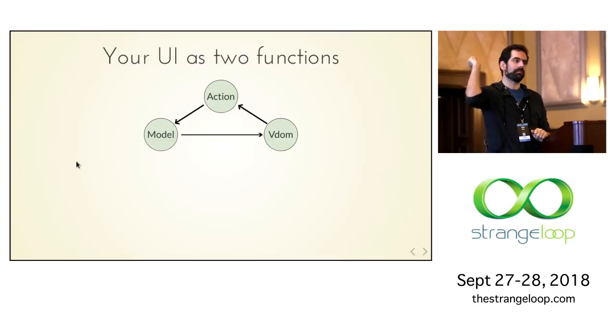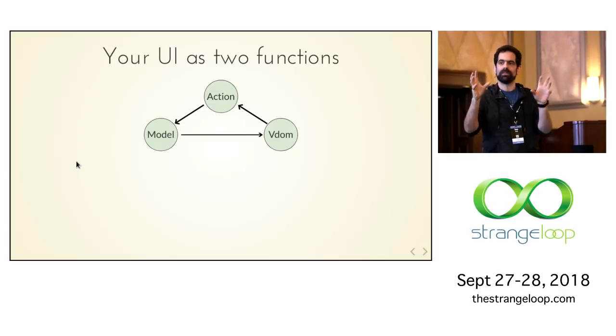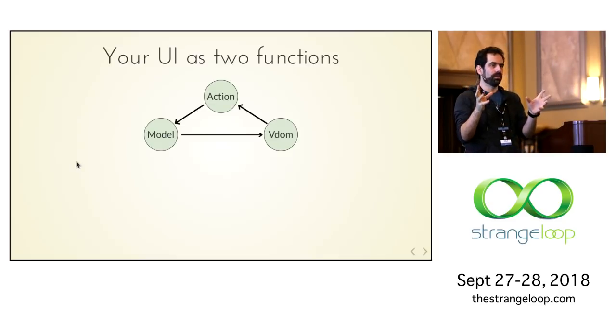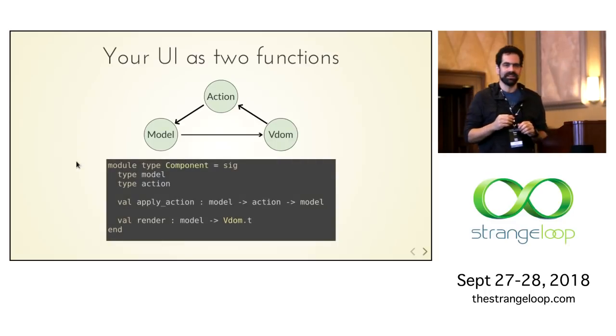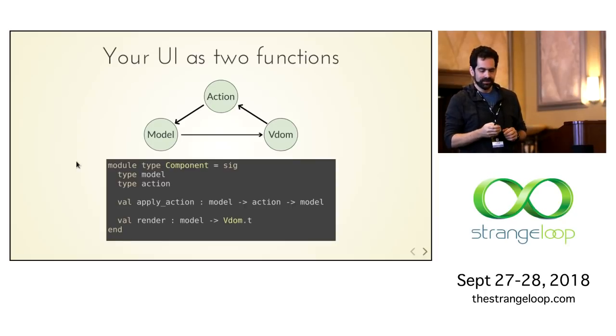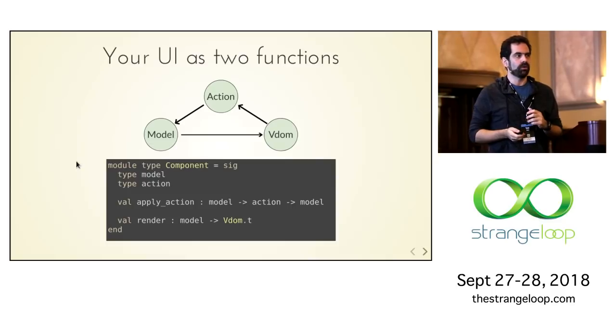Those actions are then applied to the model to update it, and that, again, updates the virtual DOM. So that's the basic loop, and in that loop, the interactivity of the UI is found, right? So that's the core representation there. And this here is what that looks like in OCaml. So here's a signature that you can fill out in order to be an app in this environment.